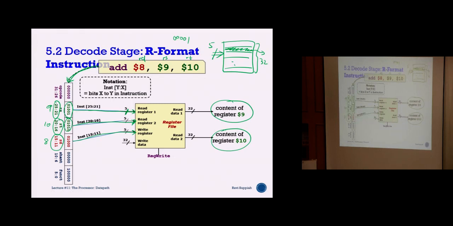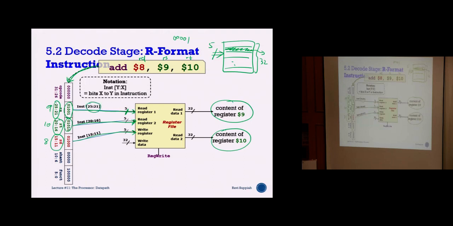So what we are trying to do now is decode this instruction. To decode this instruction, I need to know where the data is coming from. This instruction tells me that I have two data and both of them are from the register file, and which register I'm talking about is already specified in the instruction as a specific bit pattern.